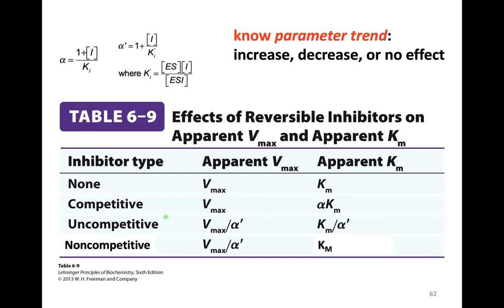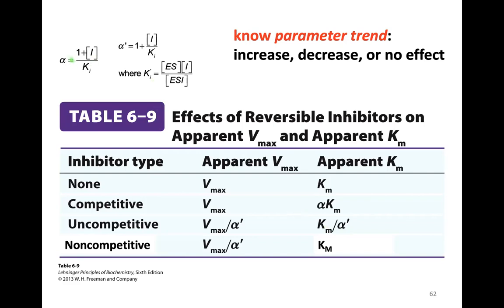And so this is a table, perhaps this will help align your thoughts, where we have our Vmax and our Km. The apparent Vmax or Km is what we identify from the Lineweaver-Burk plot, for example. And you can see that some of these parameters will increase, there's a factor in front of it, or they decrease. That factor or modified form of it is in the denominator, thereby lowering that parameter's value.